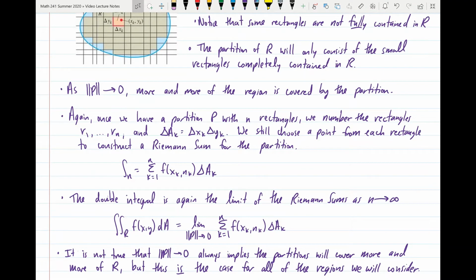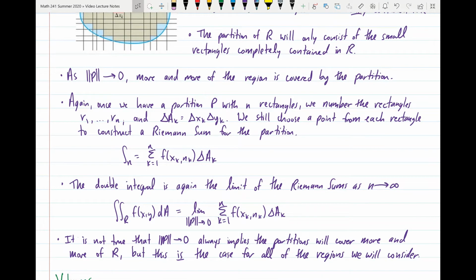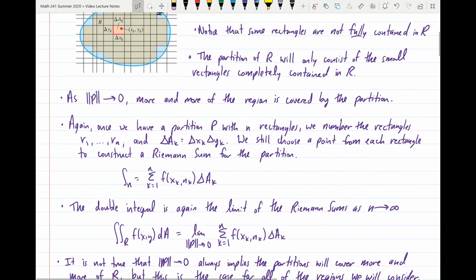Once we have a partition P with n rectangles, we can number those small rectangles as r sub 1 through r sub n. The area of each of those rectangles is denoted delta A sub k, which is just equal to the width of the rectangle times the height of the rectangle. And we still choose a point, x sub k, y sub k, inside of each of the rectangles to construct a Riemann sum for that particular partition.